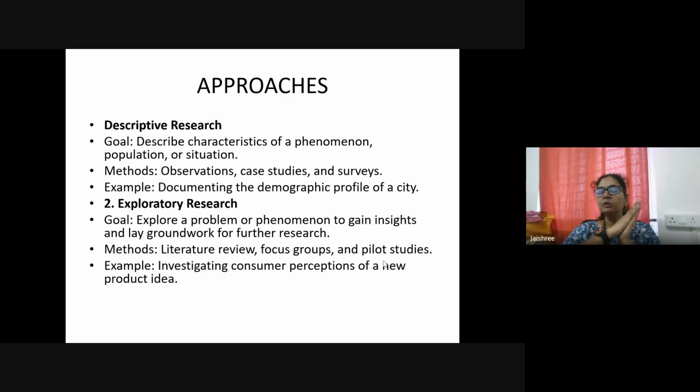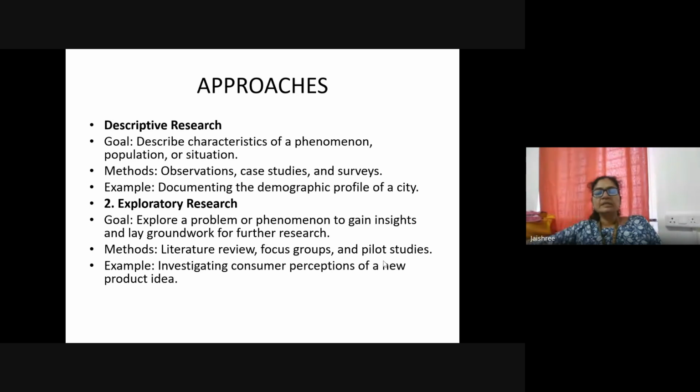You describe a population, you describe a situation, you describe a geographical area. And the methods are observations, case studies, and surveys. All your observations must definitely be cited or supported by theories or case studies. An example is documenting the demographic profile of a city.